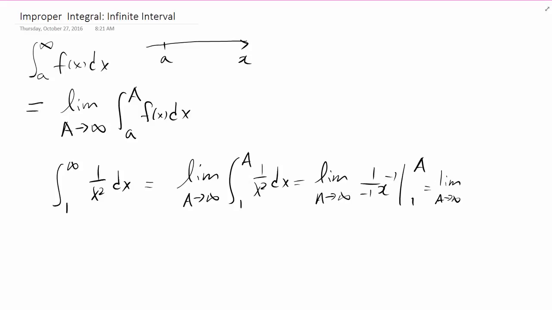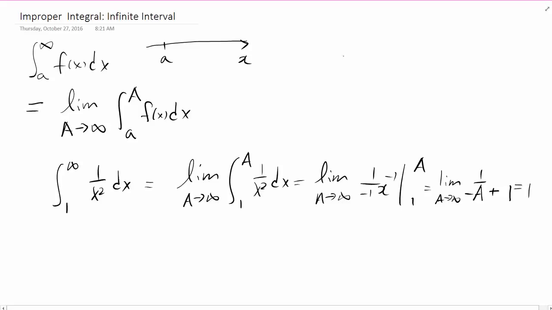When we plug in A, we have negative 1 over A. Then when we plug in 1, because of the negative sign, we have a plus, so plus 1 to the power negative 1, which is still 1. Now look at this limit. We can easily see that as A approaches infinity, this limit is simply 1.